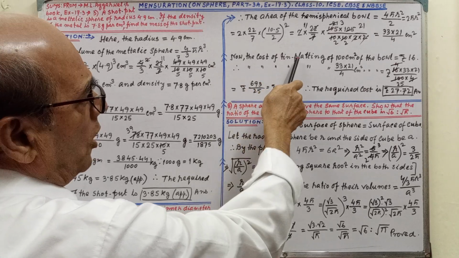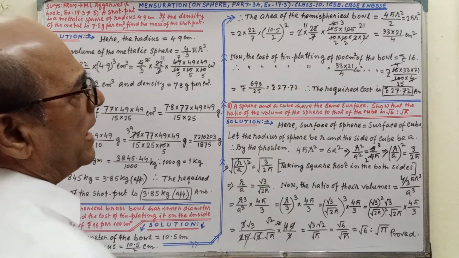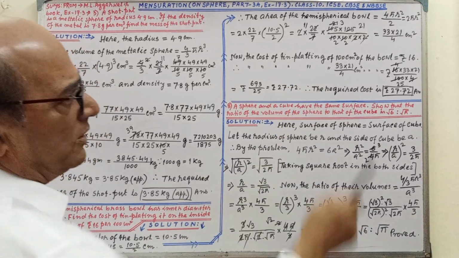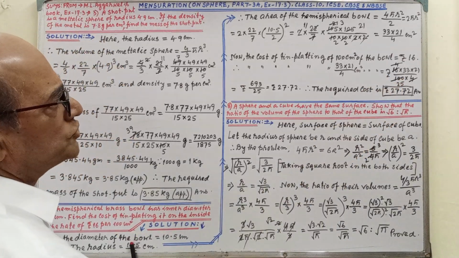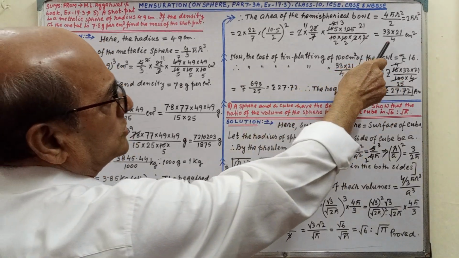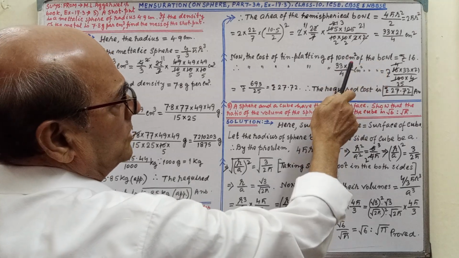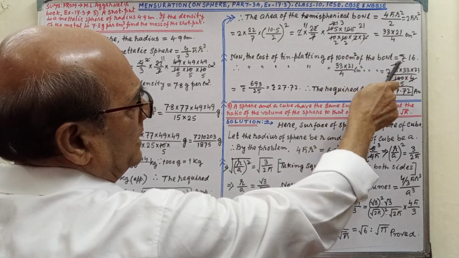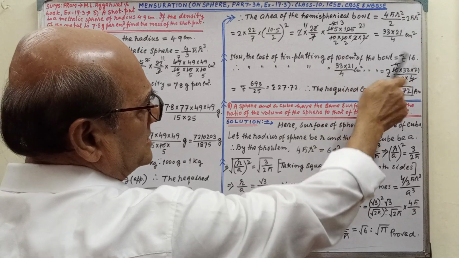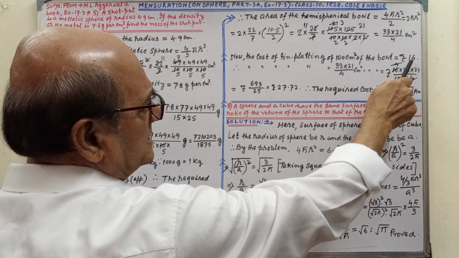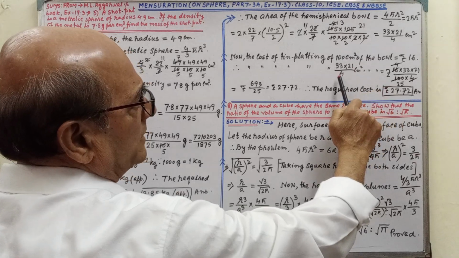Now the cost of tin plating of 1000 centimeter square of the bowl is rupees 16. That is given in our question. And we have to find out the cost of this centimeter square. This is why we have to multiply this. That is in 1000 centimeter square 16, in 1 centimeter square, that is 16 by 1000 unitary method.